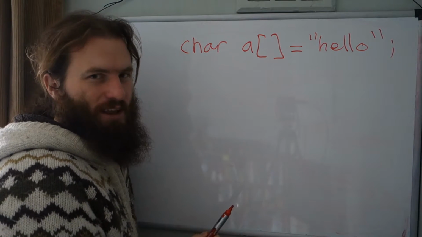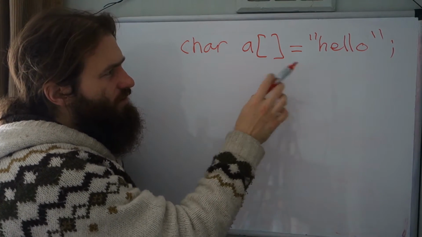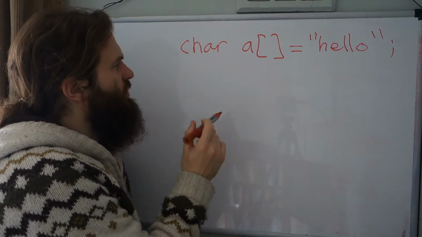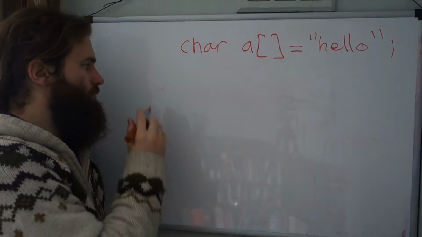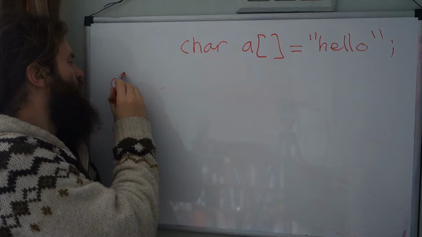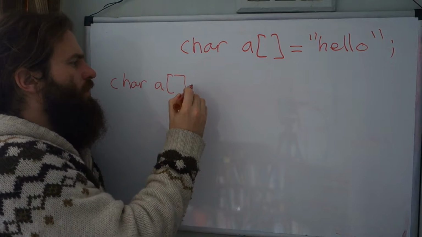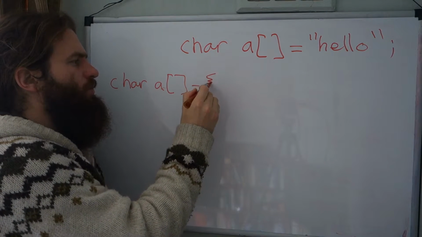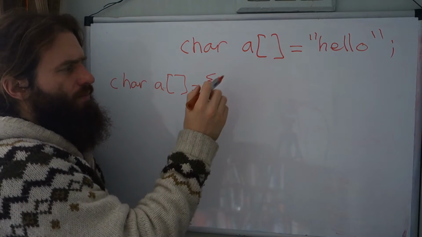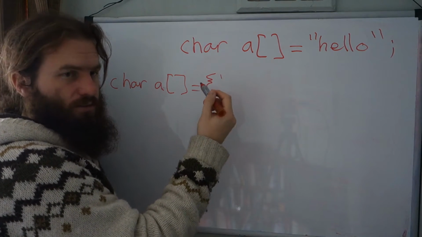are null terminated. Let me show you what that means by drawing an alternative declaration for this string. Right, I need quite a lot of space for this, so let's start over here. So char a equals, and then we can explicitly declare this string. We'll single quote each of the characters, because that's how you refer to characters.